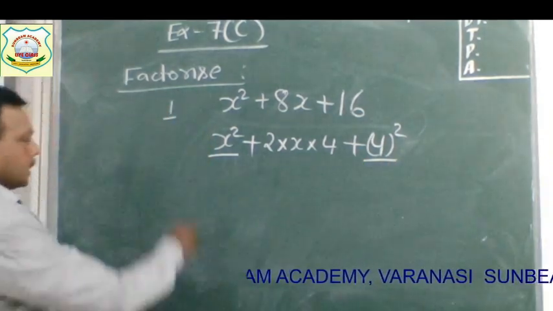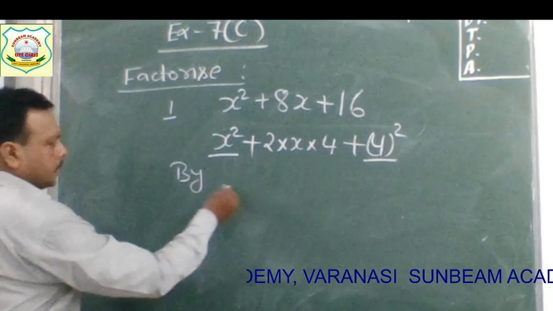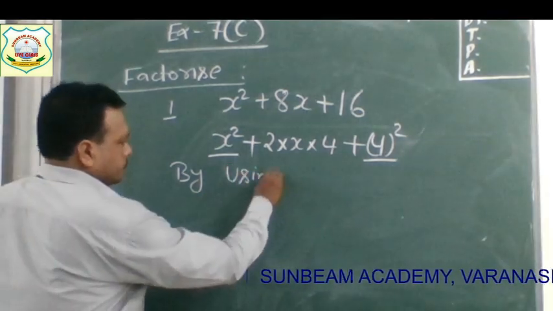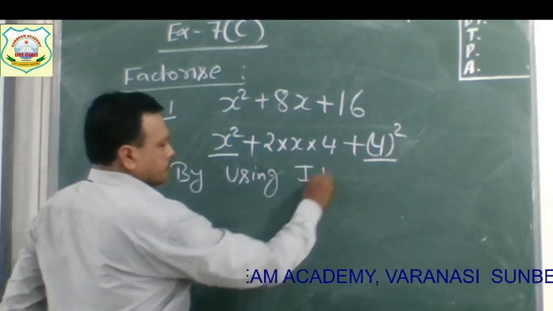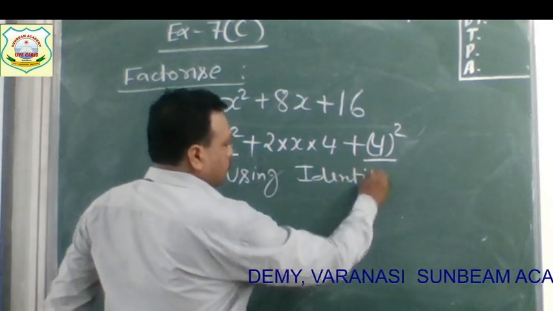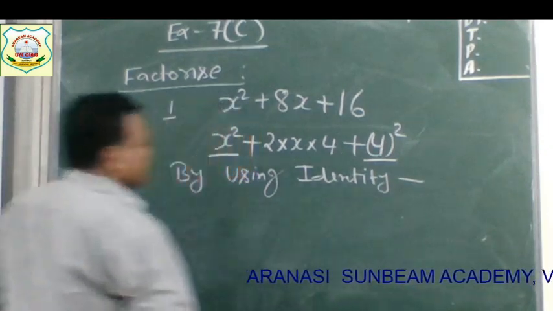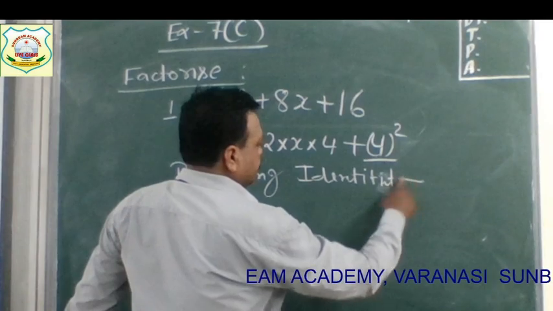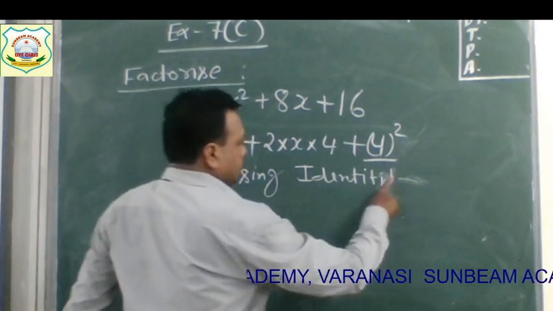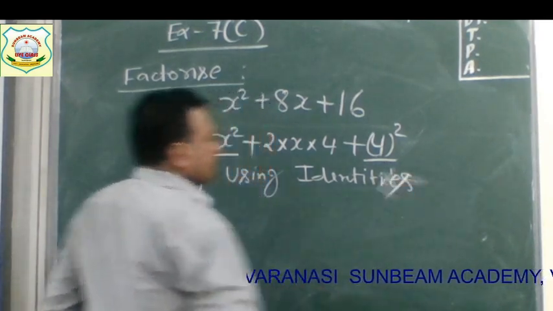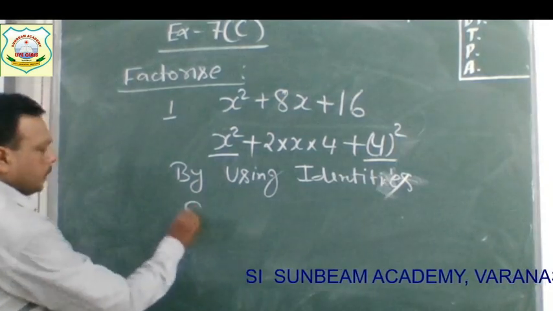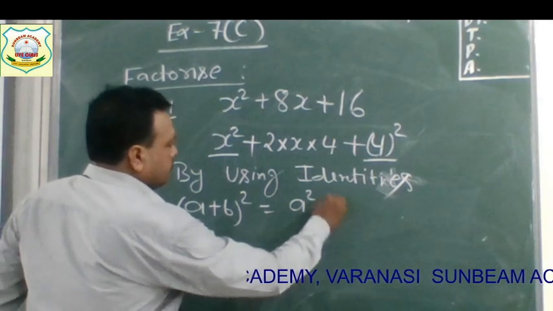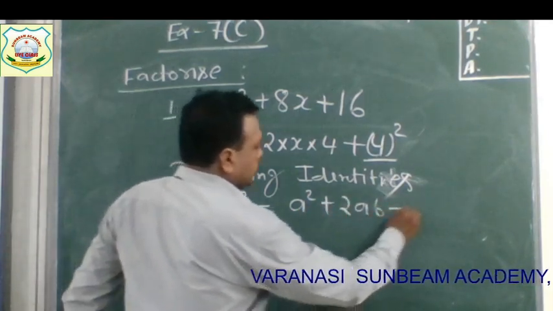So we will use an identity. What identity will we use? a plus b whole square is a square plus 2ab plus b square.